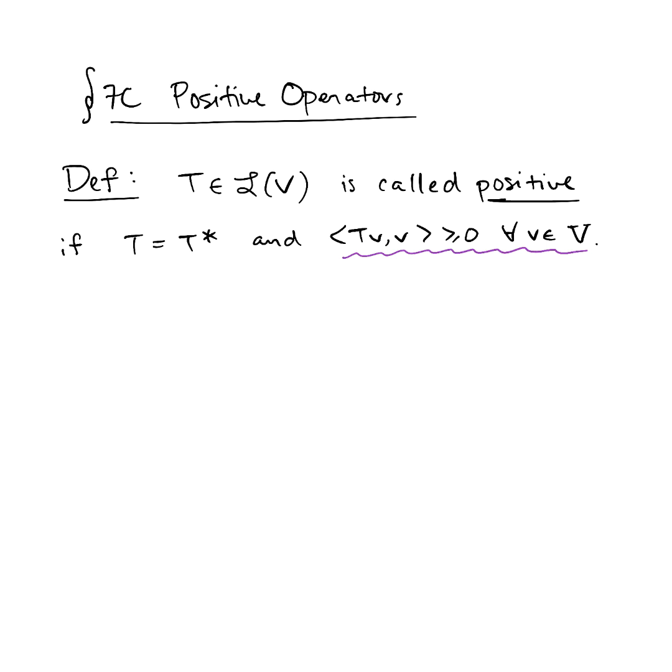After all, every positive real number, non-negative real number for that matter, has a square root. Might the same be true for positive operators? Now, we should be clear on what we mean by square root, so that's the next definition.